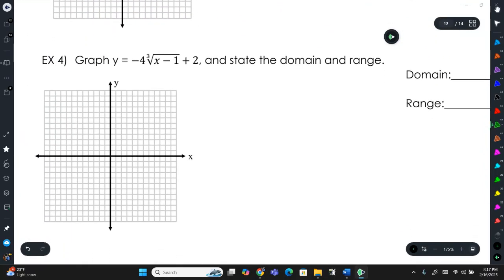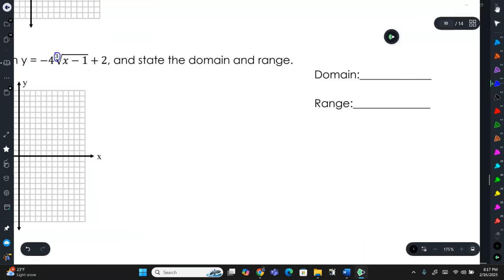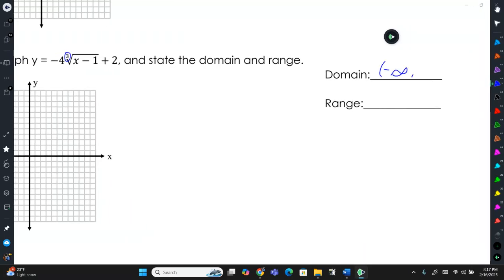Right, then example 4, cube root. So automatically that makes our domain negative infinity, comma, infinity.